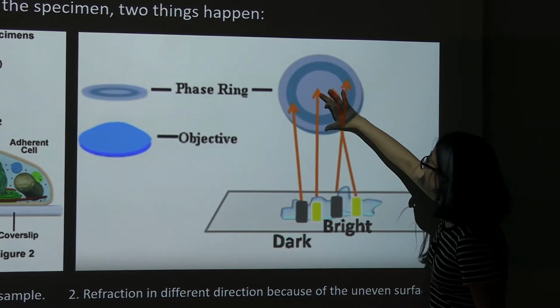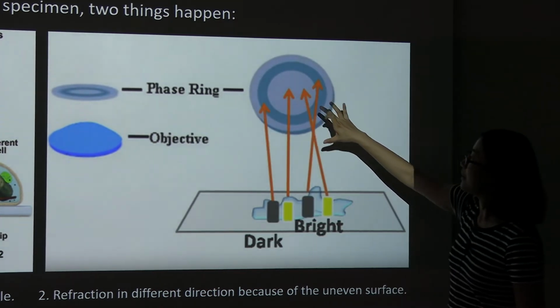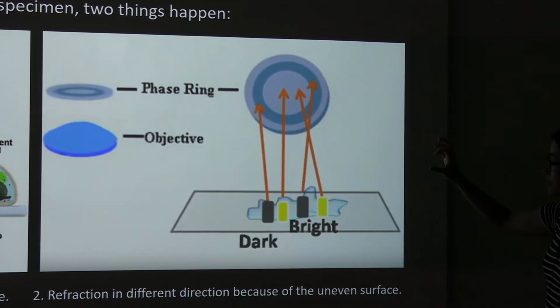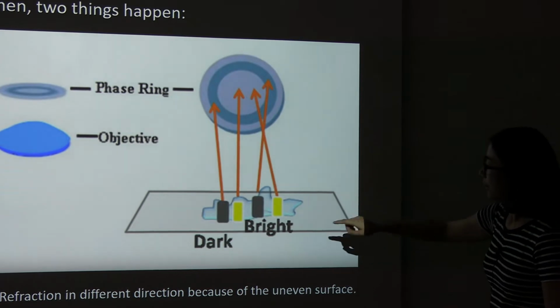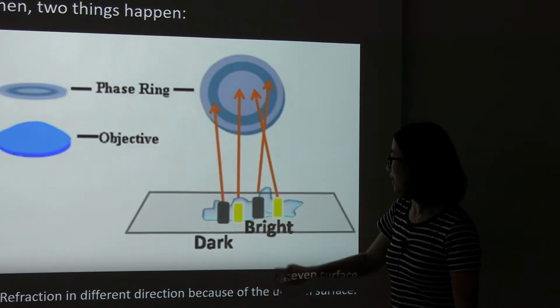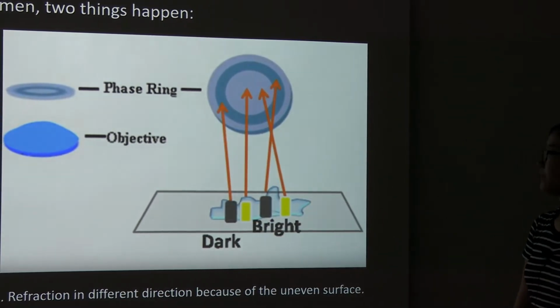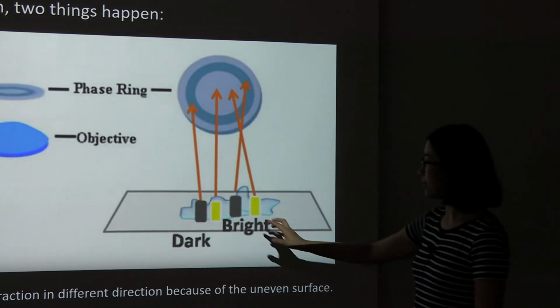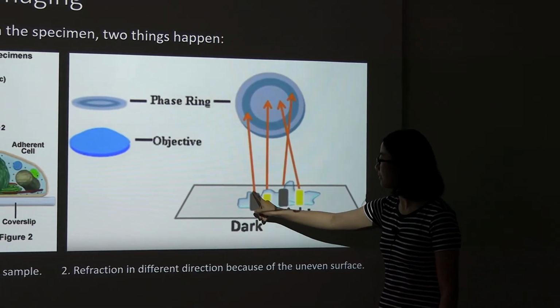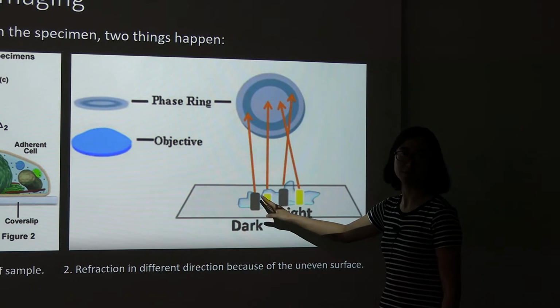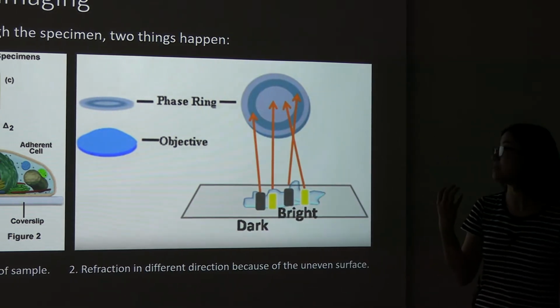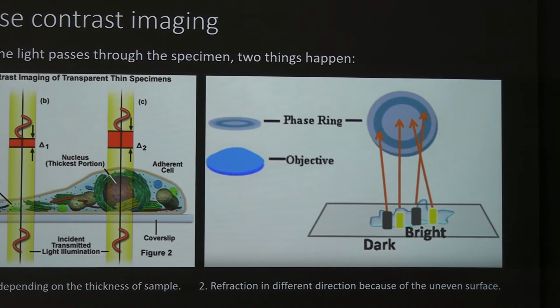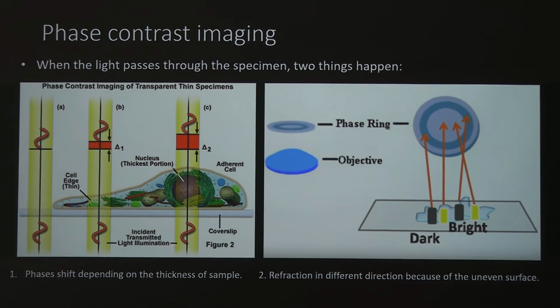But when they go through this material, the light will be shaped a little bit, and they will become bright. So basically, the contrast will be increased between the two different places, and your eyes could easily recognize the differences.